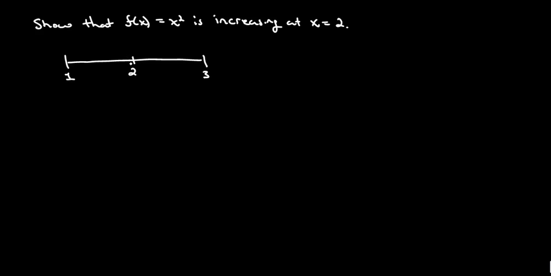And what they say is, let's look at the left side of this. Well, on the left side of this interval, so I'm not going to look at the endpoints, but I'm going to look at from 1 to 3, not including the endpoints.